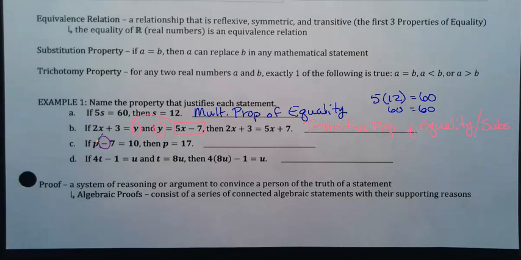No, there wasn't, but subtraction and addition are the same kind of thing. So this would be the addition property of equality, because addition and subtraction are inverses of each other. All right, and how about D, this last one?